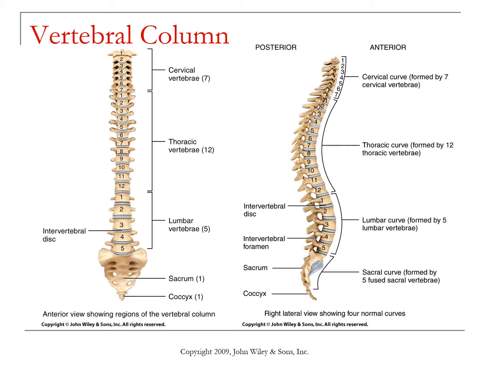You have the cervical curvature, which then curves the other way to form the thoracic curvature, which curves in the opposite direction to make up the lumbar curvature. And finally, we have the sacral curvature. And these curvatures relate to the major parts of the column.